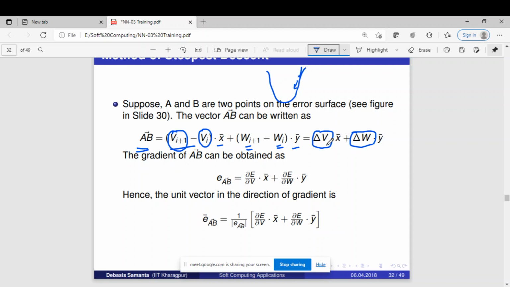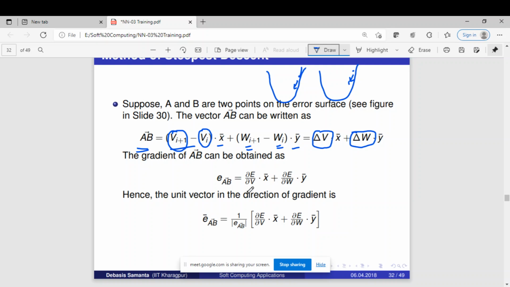Whenever there is a change, when this point is coming here, this change can be calculated with differentiation. So this is the change in v.